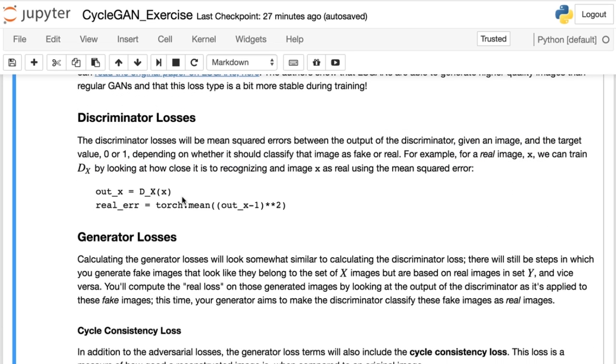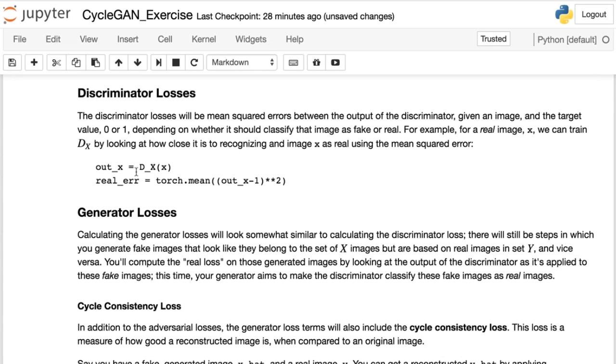What this means in practice is that you'll define a real loss and fake loss function that takes in our discriminator output and computes a squared loss term between that output and the desired label 1 or 0. For example, for our discriminator D_X, I might pass in a real image x from our training data and I'll get some output. Then I can essentially calculate a real error as a mean squared loss by squaring the difference between that output and a real label 1.